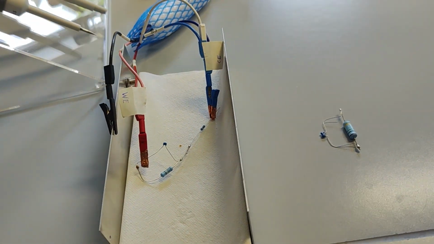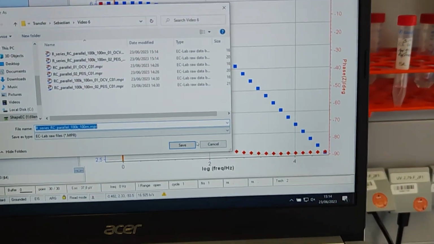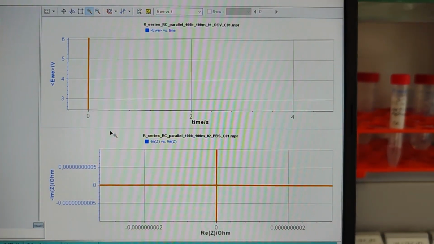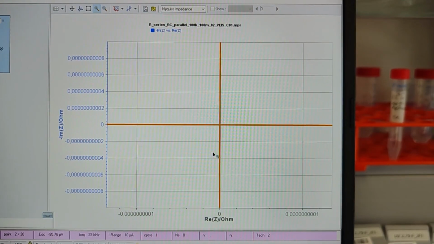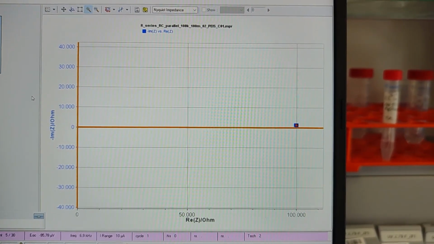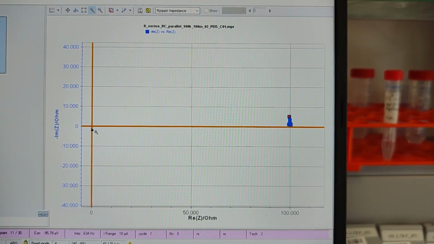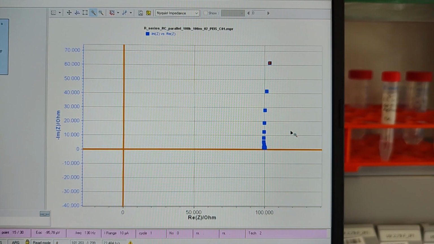Okay, let's restart the measurement. As we begin here for high frequencies, we don't start at the origin, but on the real axis with an offset of 100 kilo ohms, which is our series resistance.